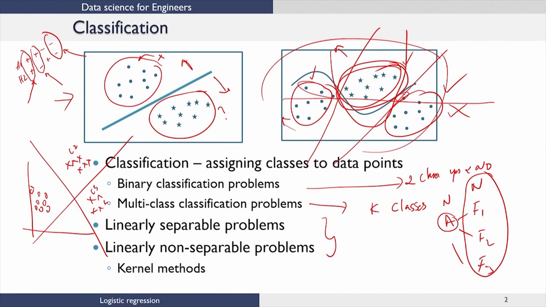So, these give you some basic conceptual ideas on how classification problems are solved, particularly binary classification problems and multi-class classification problems. The key ideas that I said that we want to remember here are whether these problems are linearly separable or linearly non-separable. And in the linearly non-separable problems, there are multiple options.